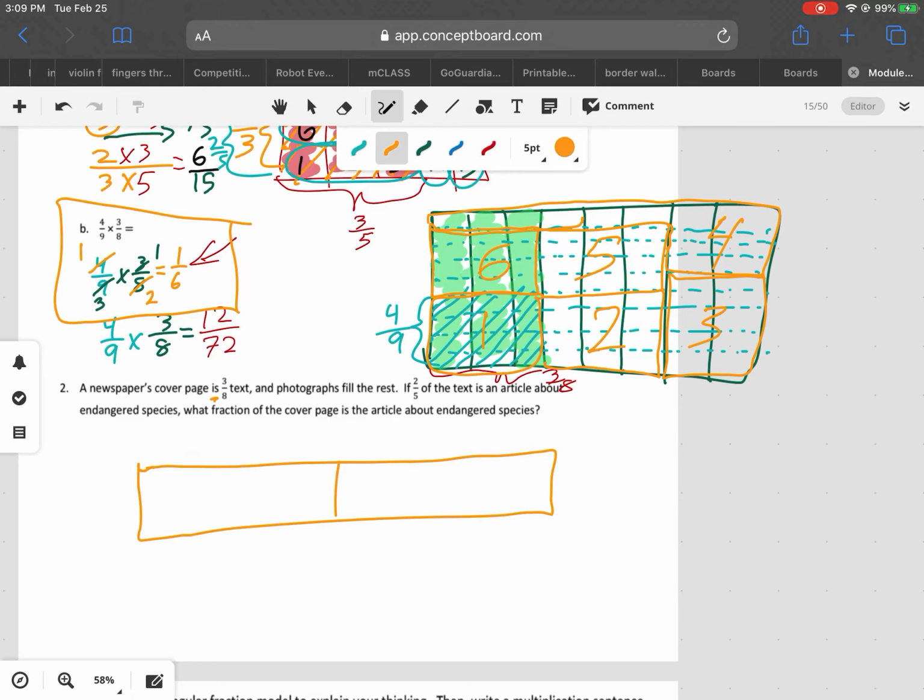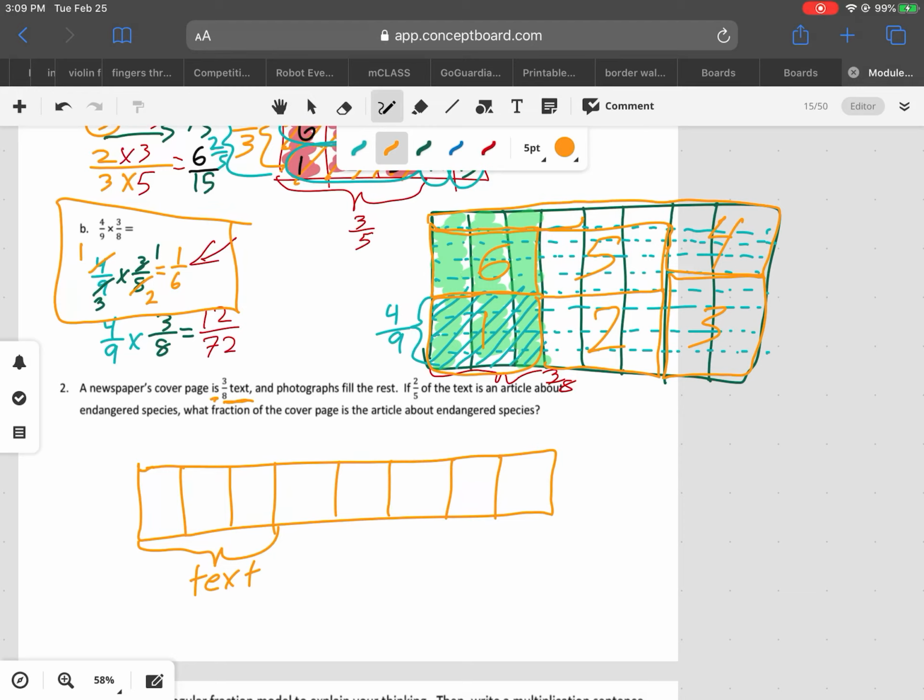So I'm going to draw a tape diagram. And in this tape diagram, I'm going to cut it into eighths because there's eighths there. And it says that 3/8 is text. So 3/8 is text.